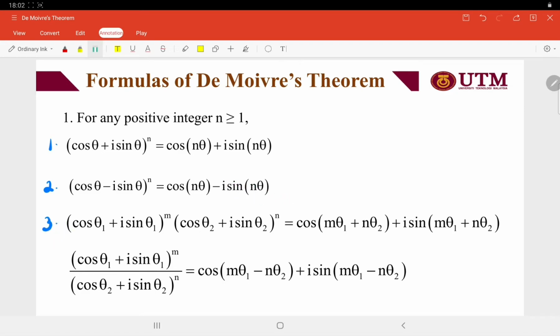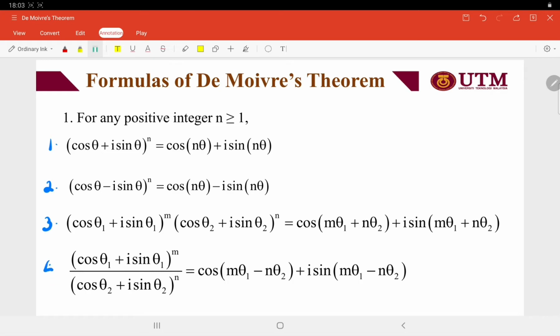The third one is the multiplication of (cos theta 1 + i sin theta 1) raised to the power of m multiplied by (cos theta 2 + i sin theta 2) raised to the power of n. So this will result in cos(m theta 1 + n theta 2) + i sin(m theta 1 + n theta 2).